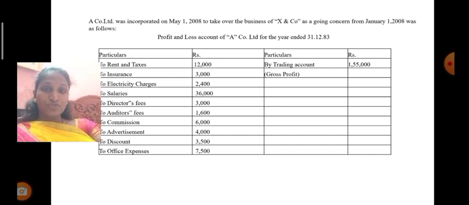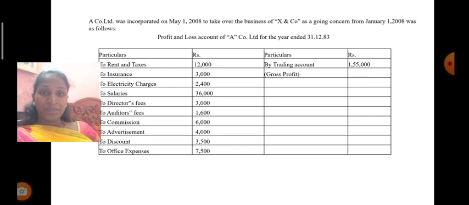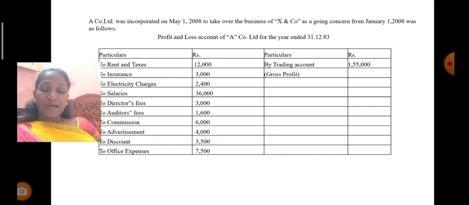For that, first we need to find the time ratio. The company was incorporated on 1st May, and the business started on January 1, 2008. So from January 1 to 30th April is the pre-incorporation period, that is January, February, March, April.